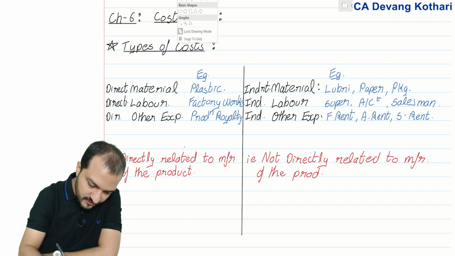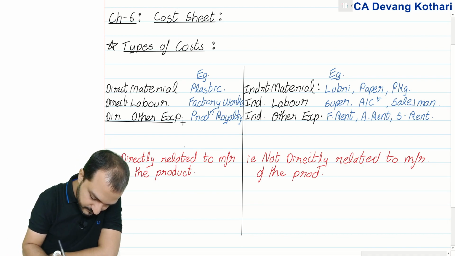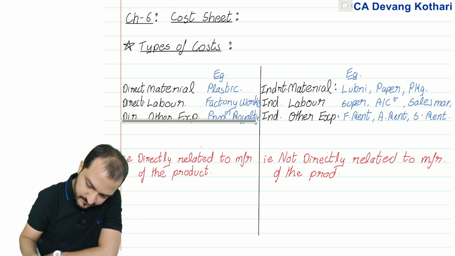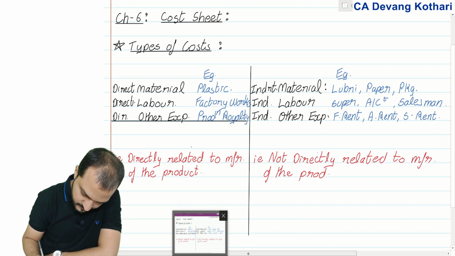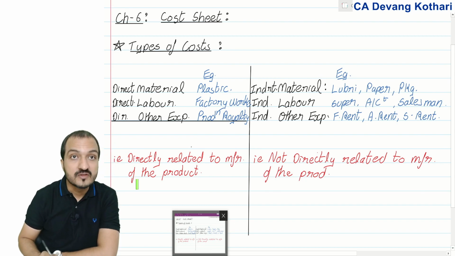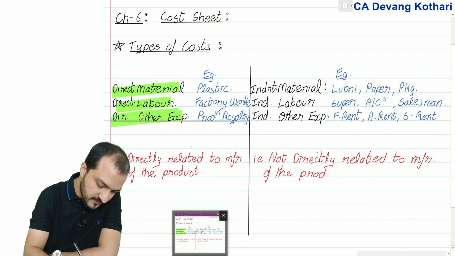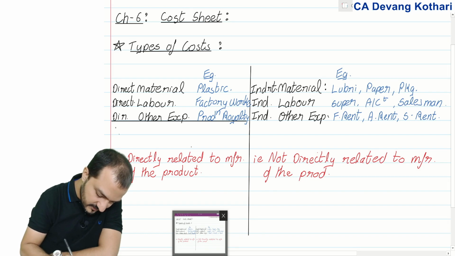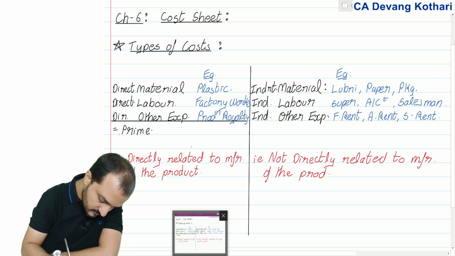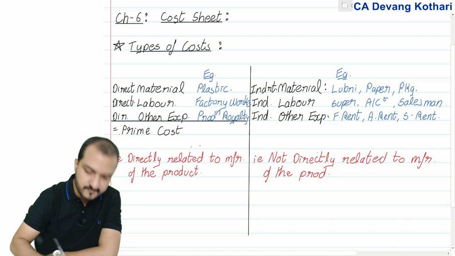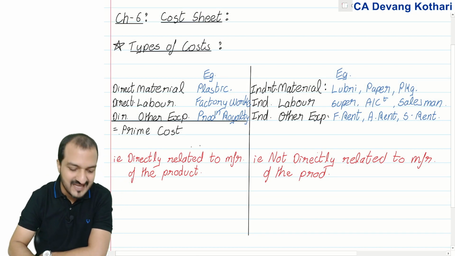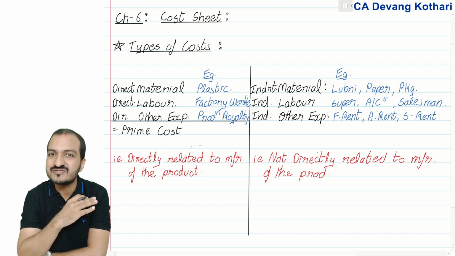Okay, then one more term, one more name you need to know. The total of all items of direct cost, direct material plus direct labor plus direct other expenses, is named as prime cost. Prime cost, you need to remember this name, it will be useful in almost every chapter.